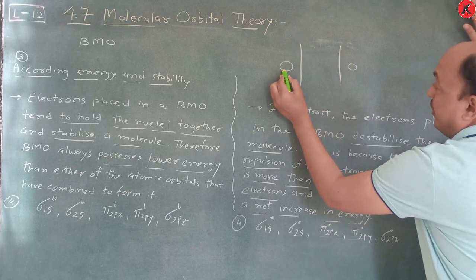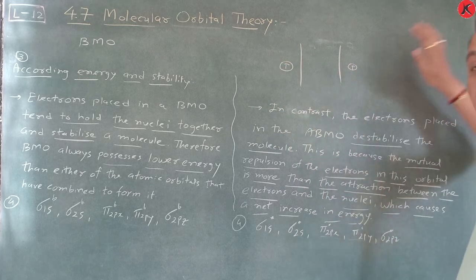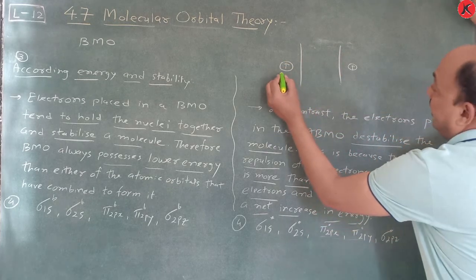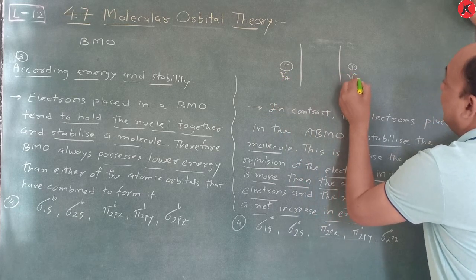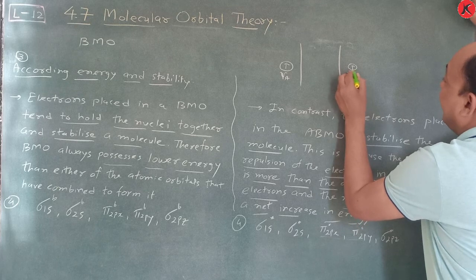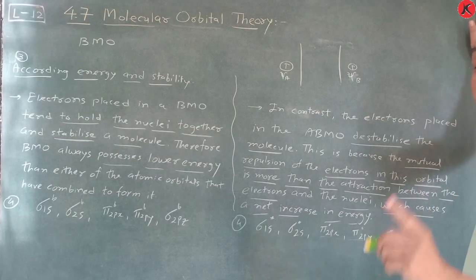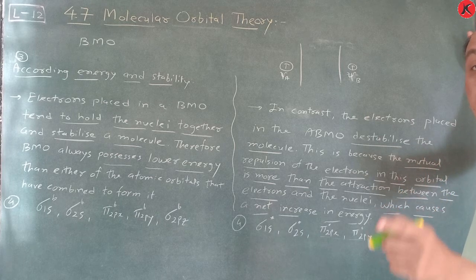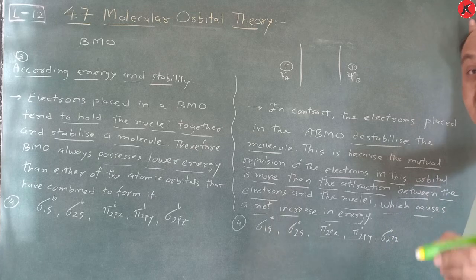This is the atomic orbital of a hydrogen atom, and this is another atomic orbital of a hydrogen atom, and they are shown by, suppose, psi A and psi B. Psi is a wave function. Remember, psi is a wave function, the probability of finding an electron in an orbit, or say in a space. In a space is the proper word.